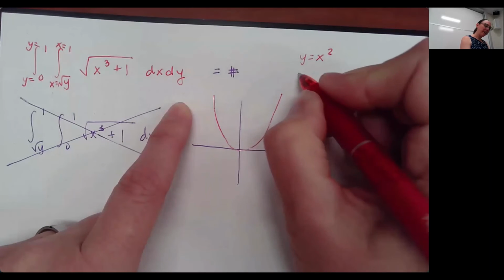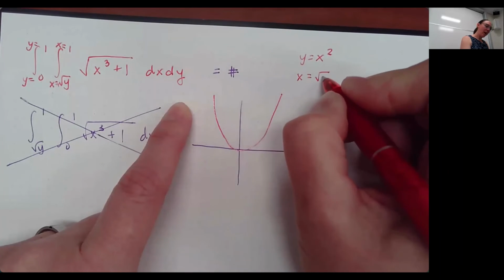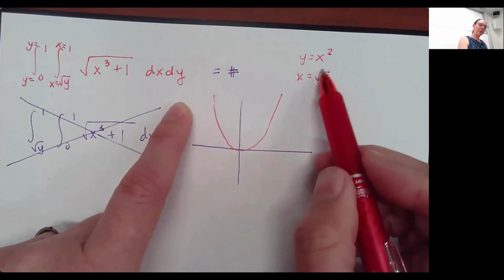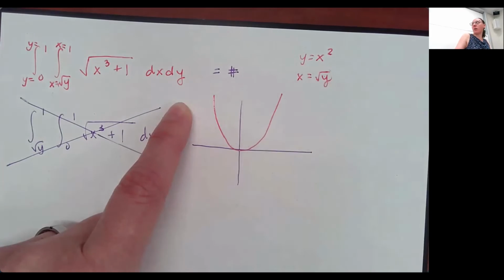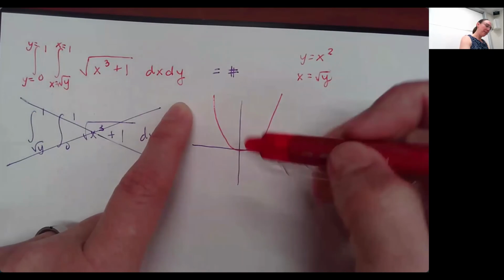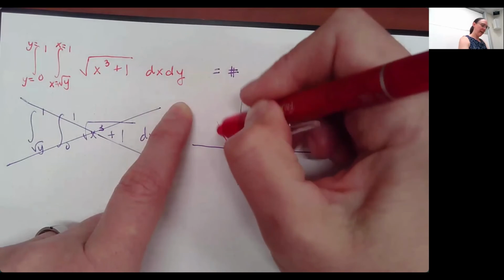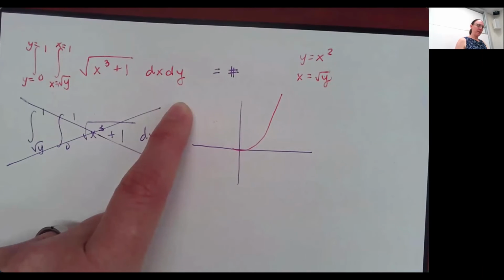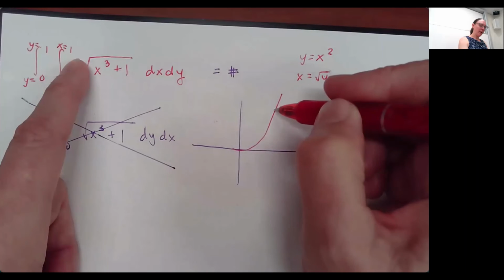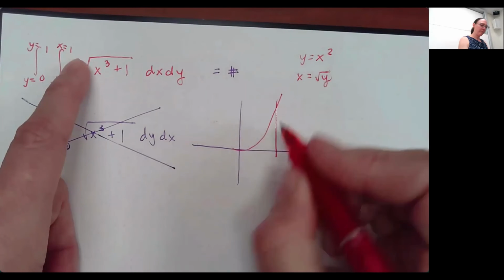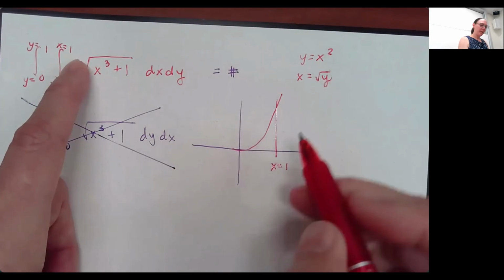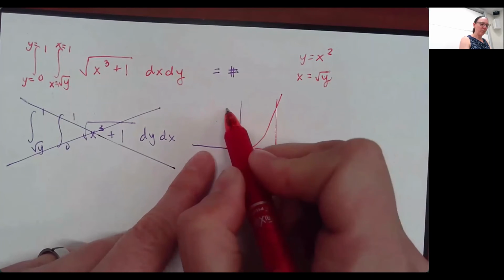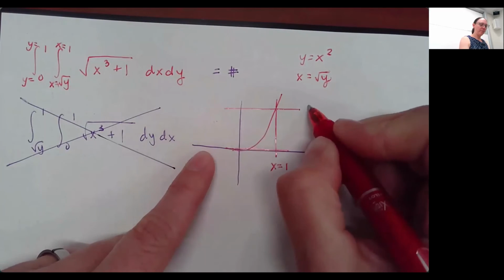But if x equals the square root of y, a square root can never spit out a negative value. So that means I wouldn't have any negative x values. And then I have x equals 1. I have y equals 0 and y equals 1.